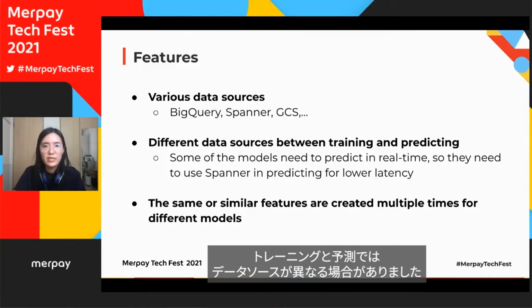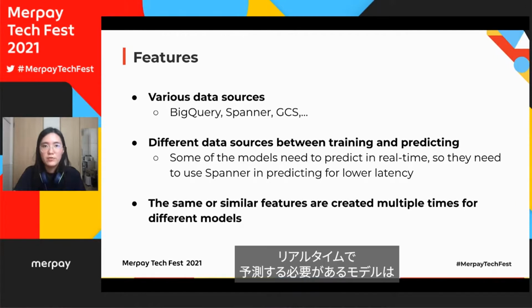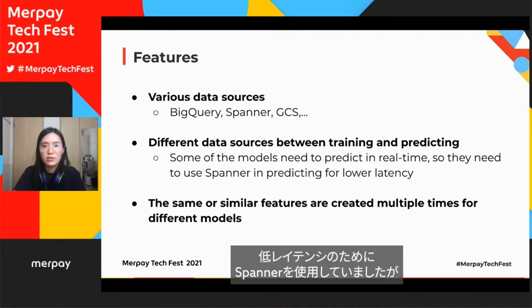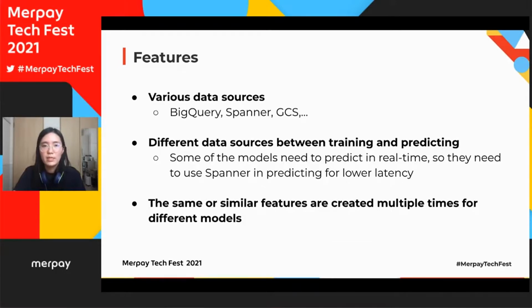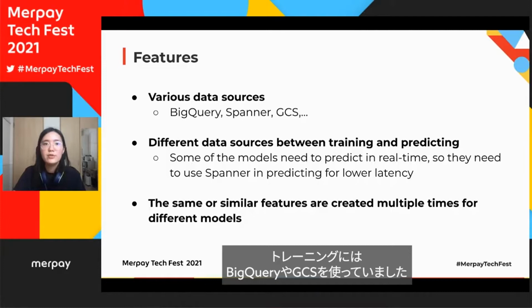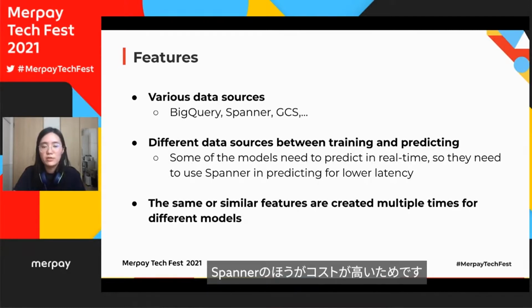Features used in training and predicting could have different data sources. Some of the models need to predict in real time, so they need to use Spanner in predicting for lower latency. But in training, they usually use BigQuery or GCS since Spanner usually costs more.